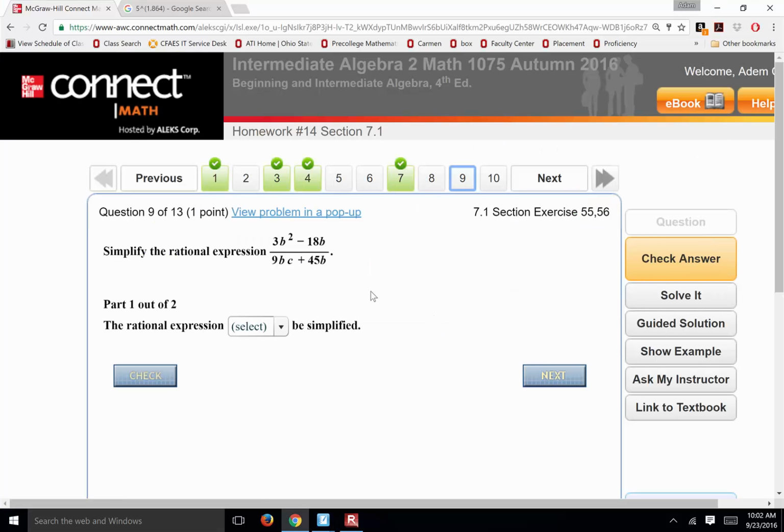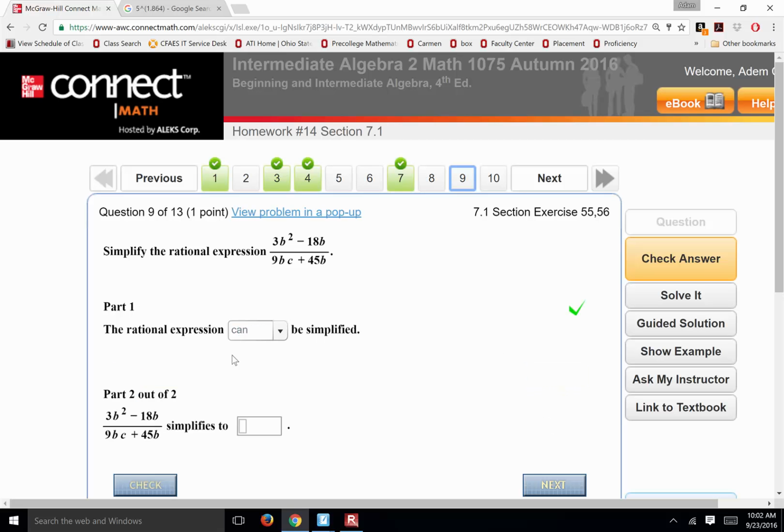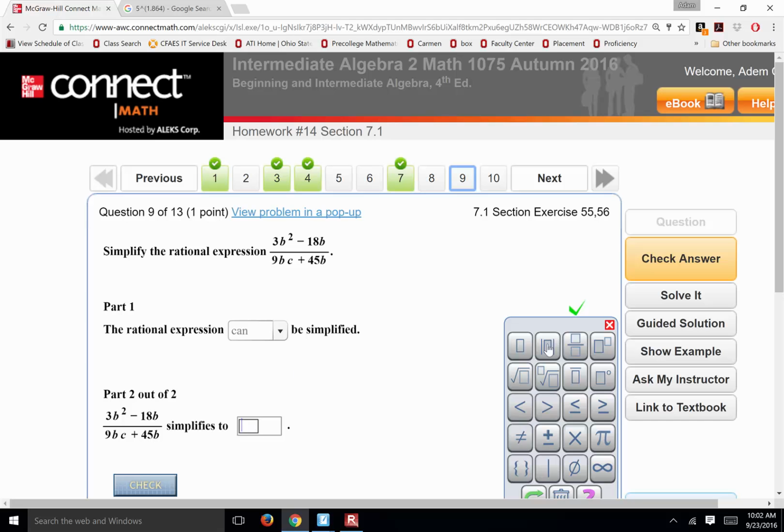Hopefully the right answer. Have you checked my work? Any questions? So have we simplified this thing? Yes, we reduced it, so it can be simplified. And what was the answer we got? Fraction first. B minus 6.